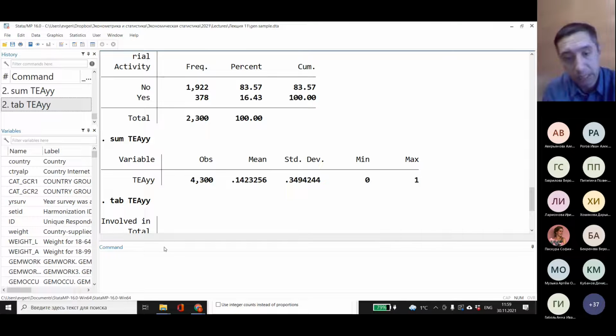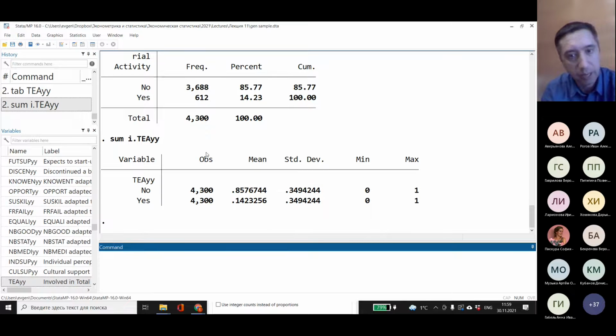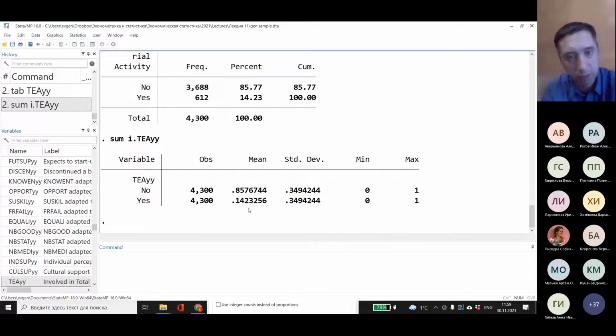But for sure we can make our summary statistics easier for interpretation if we apply the i operator before the variable name. If I apply the i operator, my table will be similar to the top output. It will show percentages of values and successes, but again I cannot interpret the standard deviation, and it doesn't show how many values I have and how many successes I have.